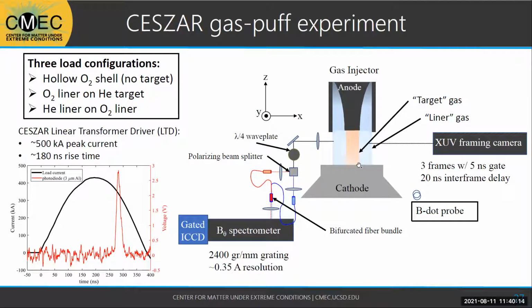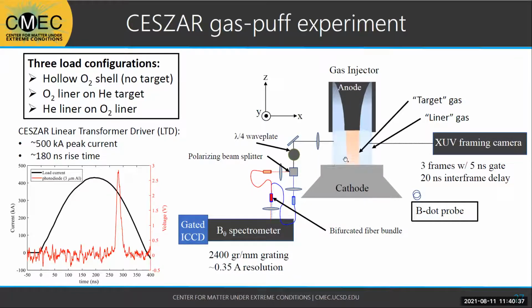The reason for that is it's a bit more analogous to fusion type schemes, where you usually use deuterium in the target region as your fusion fuel and basically implode another material onto that to compress it.